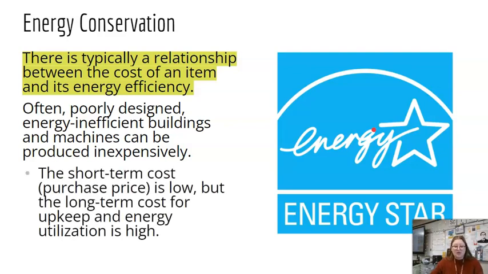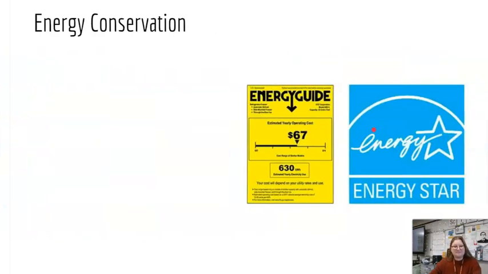So the short-term cost, the purchase price, is low, but the long-term cost for upkeep and energy utilization is high. They're going to use a lot of electricity, use a lot of gas to get through the things that you're using them for, and you're making up for what you saved by paying for that. And then also upkeep, repairs and things like that also play a part.